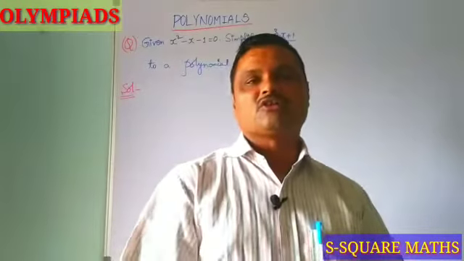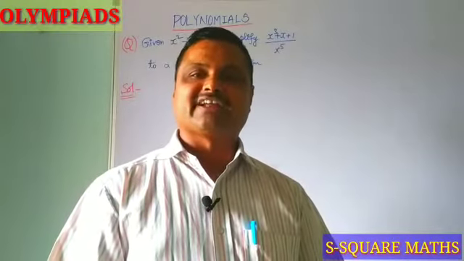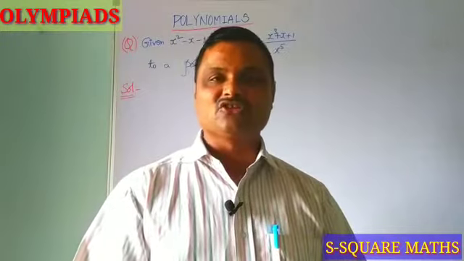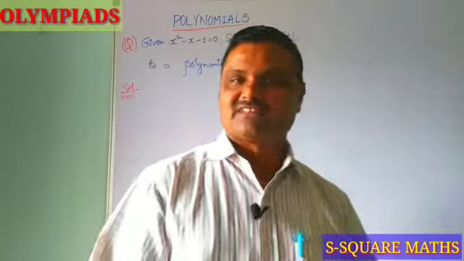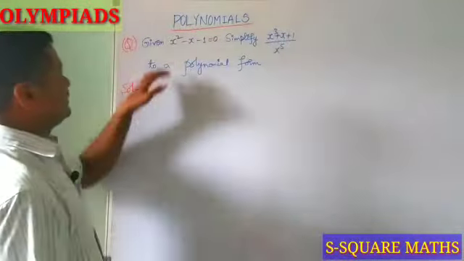So now we are going to discuss our interesting and important as well as non-routine problem which is connected to polynomials. Let us start now. So given x square minus x minus 1 is equal to 0, simplify (x cube plus x plus 1) by x power 5 to a polynomial form.